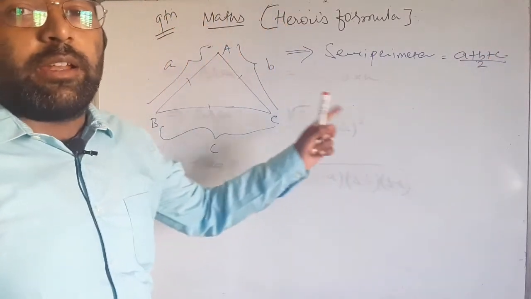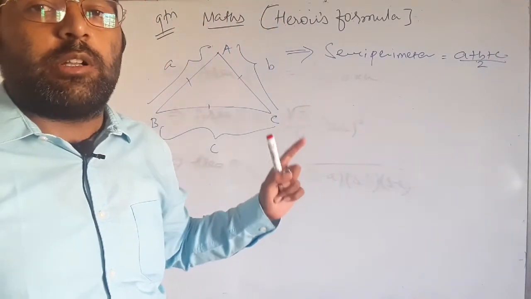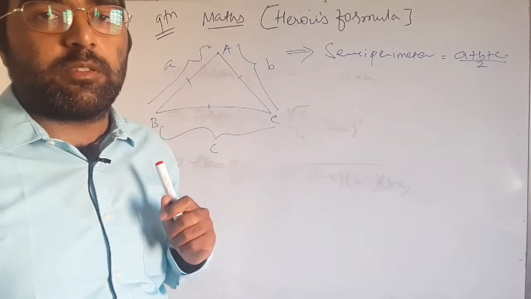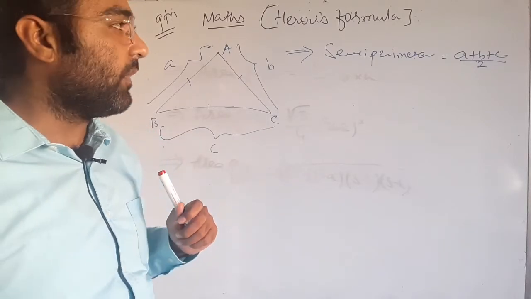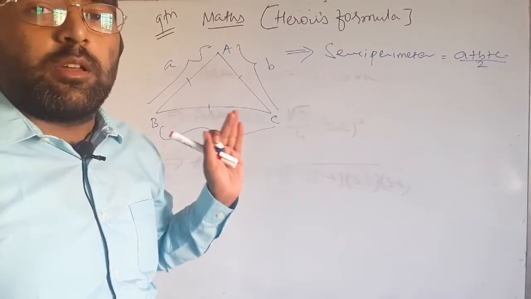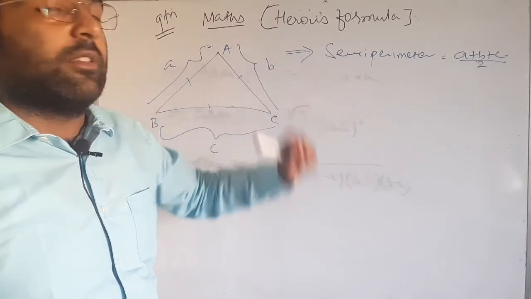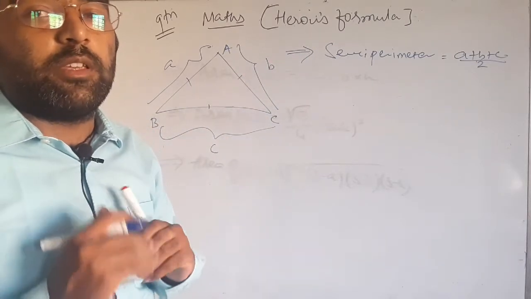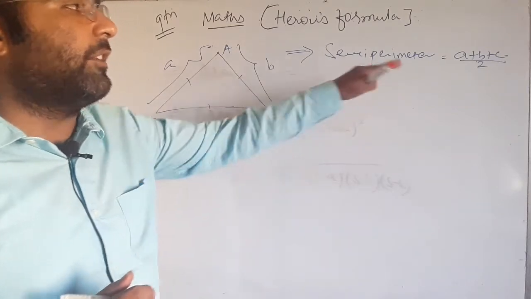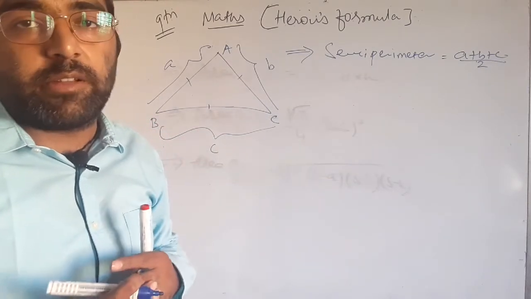Why do we divide by 2? Because we want the semi perimeter, the half perimeter. The perimeter is a plus b plus c, the sum of all sides, but we want half of the perimeter. That's why we write a plus b plus c divided by 2.